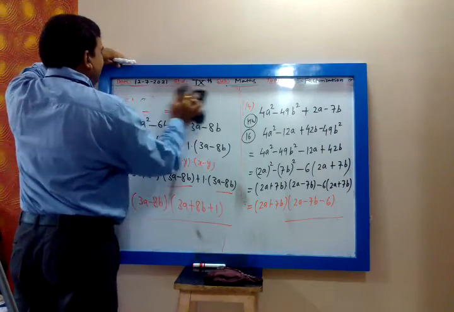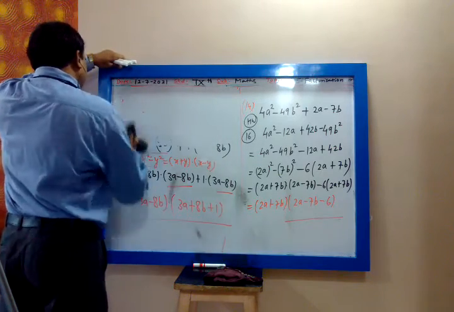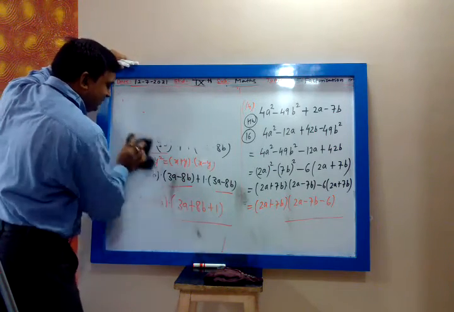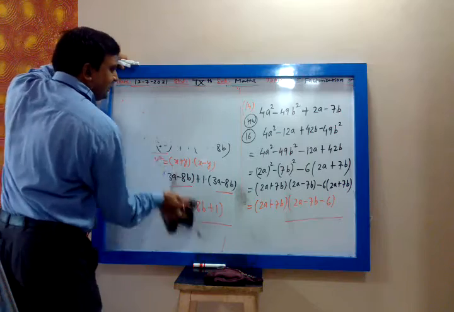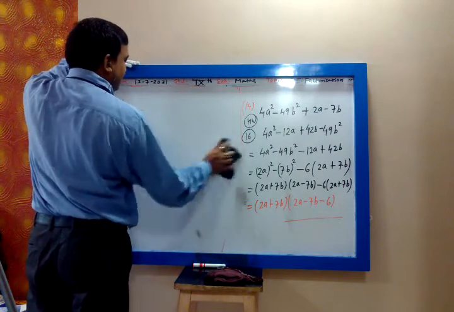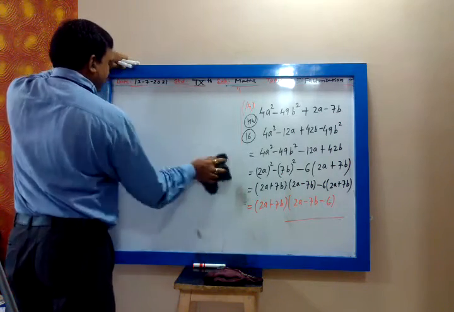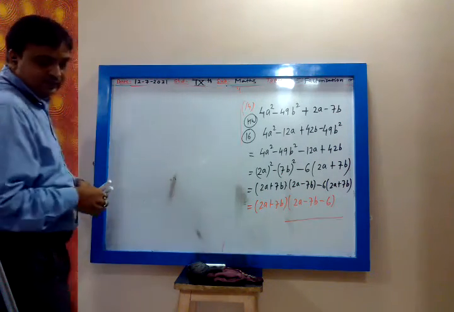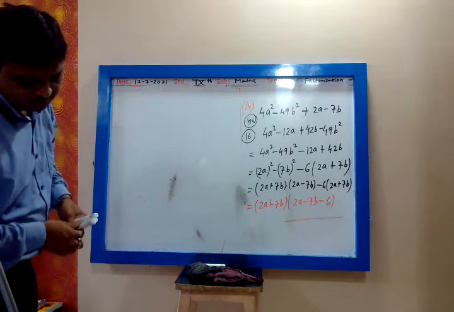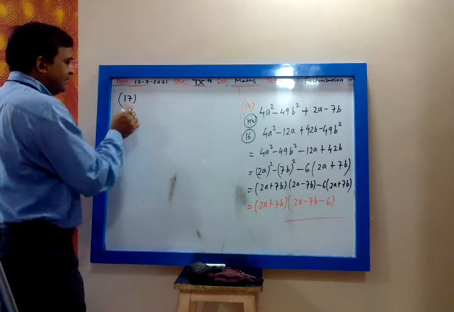You can write that 9 as 3 square, then a minus b whole square, correct? No problem, you can do it that way also. Instead of 9 I have taken 42b, but you can take 9 also, because 9 you can write as 3 square. Yes, you can continue with that 9.